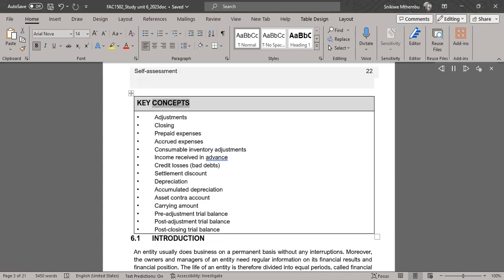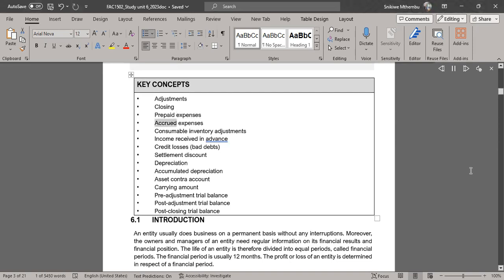Key concepts. Adjustments. Closing. Prepaid expenses. Accrued expenses. Consumable inventory adjustments. Income received in advance. Credit losses, bad debts.